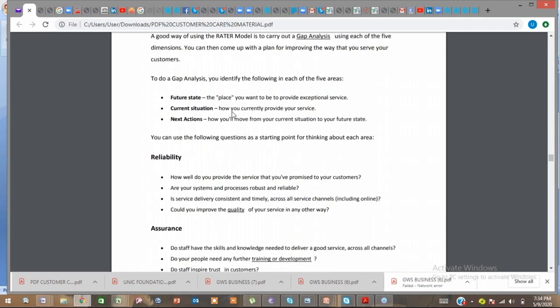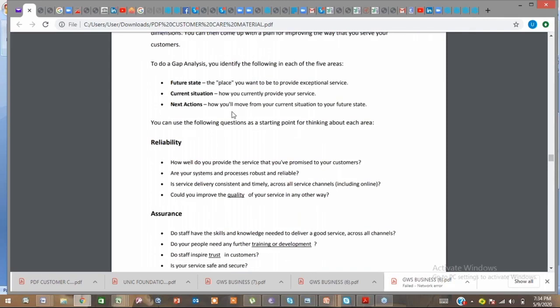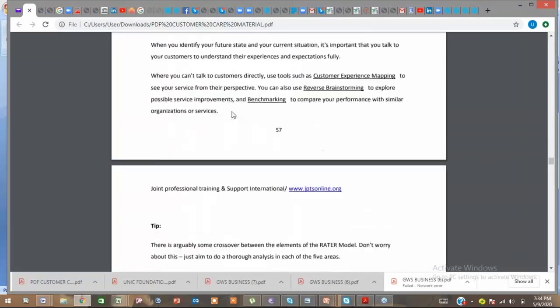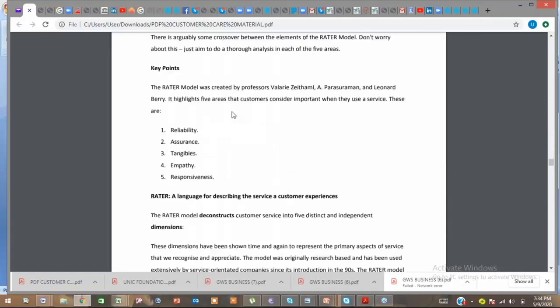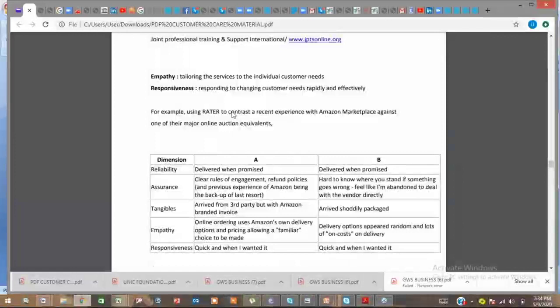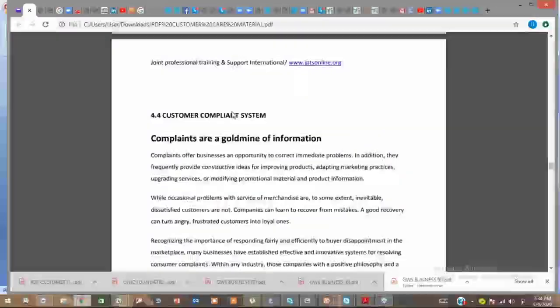What is the current situation? What is the future state? And what is the next action to be taken to meet up? Please, you must read the RATER model. There is no way you will not have a question from there. It's not possible.